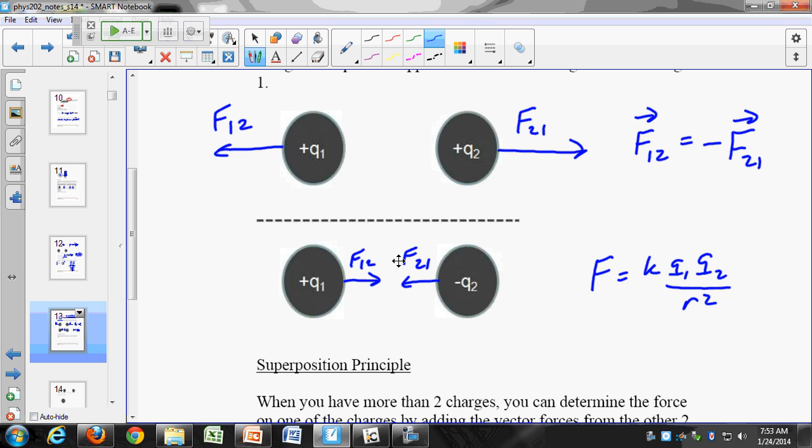So wouldn't it be negative F12 equals positive? No, because F12 is negative and F21 is positive, so F12 is the negative of F21. Or you could say F21 is the negative of F12. Those are the same statements.